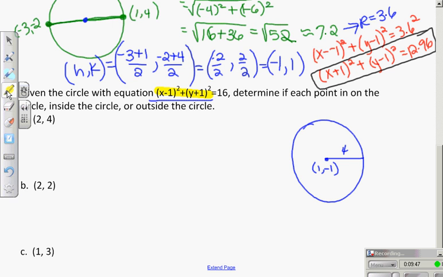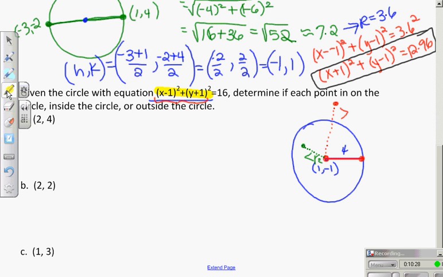If a point is on the circle, then it's going to make that equation true, which means the left side here will equal 16 when you substitute x and y in. If I have a point that is outside of the circle, that distance from center to that point is going to be greater than whatever my radius squared is. And if I have a point that falls inside the circle, that distance from that point to the center is going to be less than whatever the radius squared is in our formula.